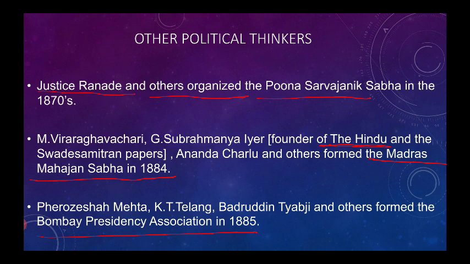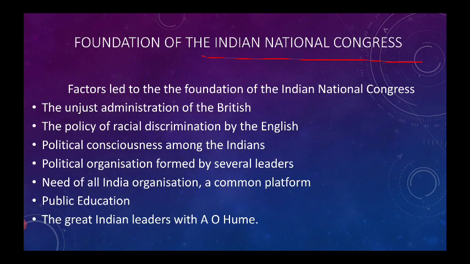And the good thing about this is that the East India Association of 1866, the Indian Association of Calcutta of 1876, the Poona Sarvajanik Sabha of 1870, the Madras Mahajan Sabha of 1884 and the Bombay Presidency Association of 1885, all together, with the help of a retired member of the Indian Civil Service, A.O. Hume, and also with the permission of the Viceroy of that time, Lord Dufferin, were able to found the Indian National Congress.